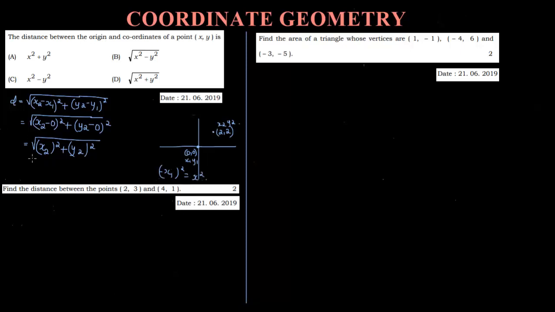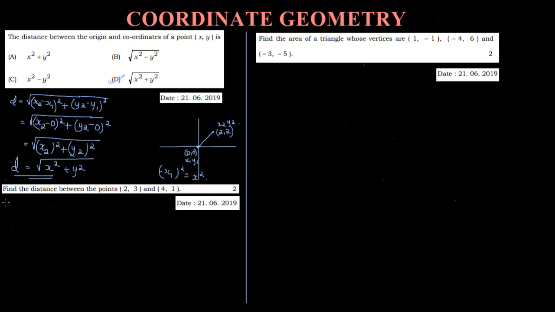Since we don't know the value of x2, I am just taking it as any x value. So let it be x square plus y square. This is the distance you will get between the origin and any point: square root of x square plus y square. So this is the correct answer.